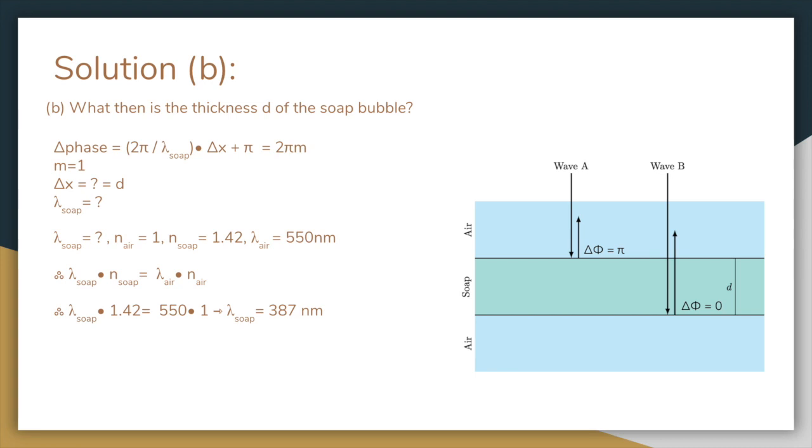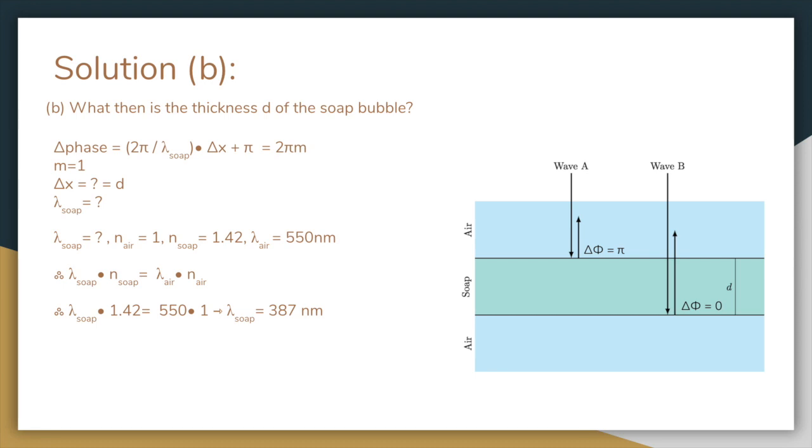We can just plug into lambda 1 times n1 is equal to lambda 2 times n2. In this case, lambda of the soap we don't know. The n of the soap is 1.42, n of the air is 1, and lambda of the air is 550 nanometers.